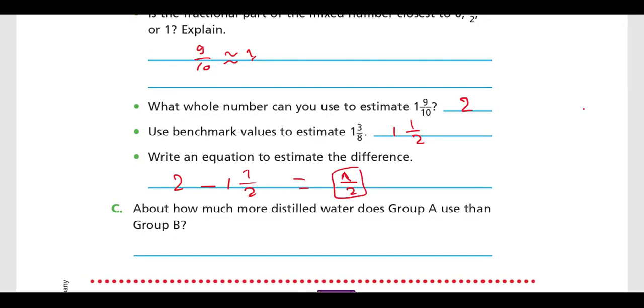About how much more distilled water does Group A use than Group B? It's about 1 over 2 liter. So half liter.